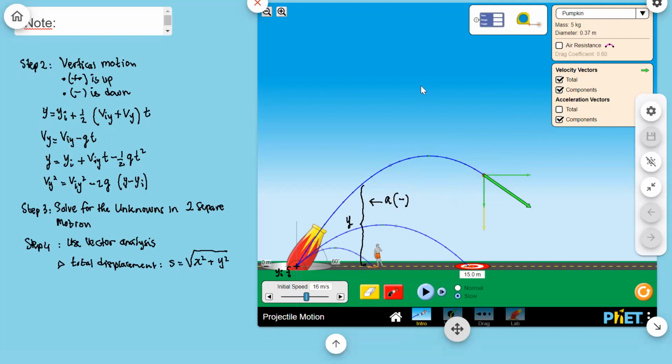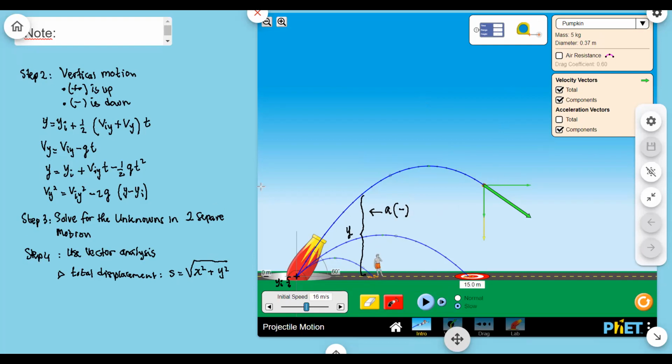So the total displacement starts from the original position to the endpoint. So we can call this the displacement, or S. How to find S?